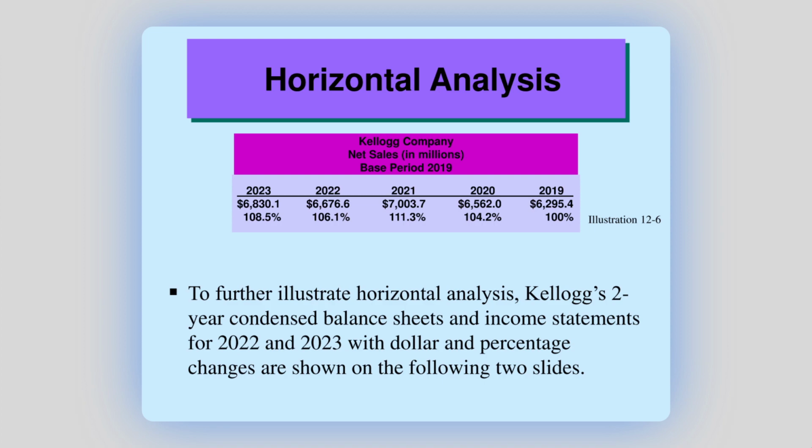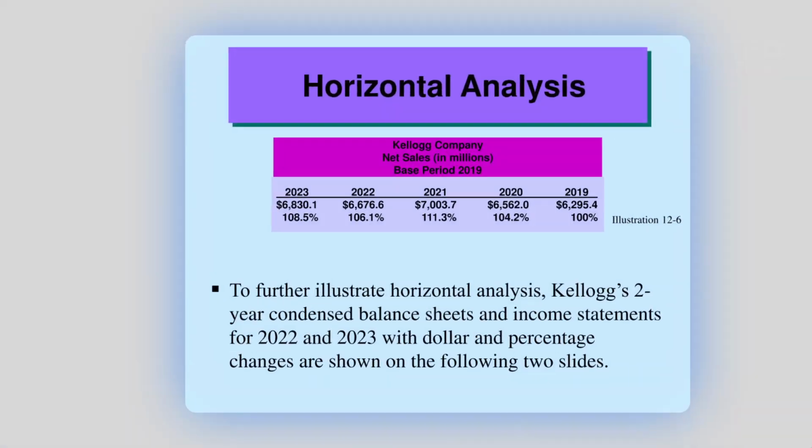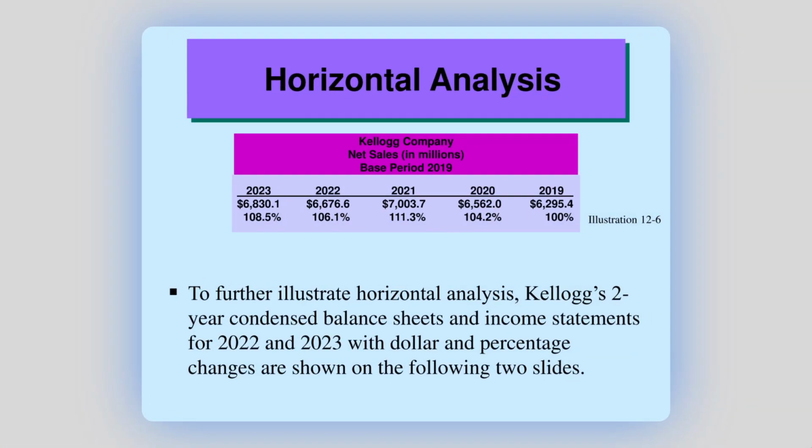In terms of our net sales, what is the shortcut? For example, just divide the current year by the base year: 6830.1 divided by 6295.4, so you have 108.5%.